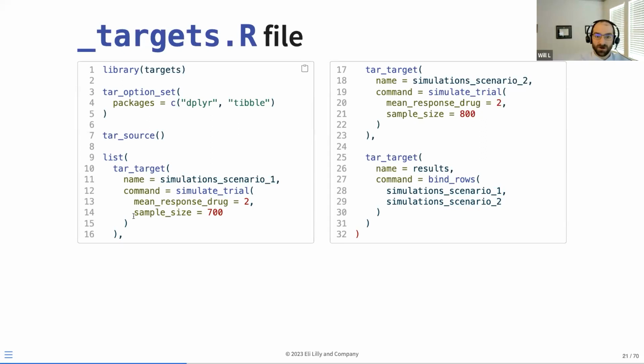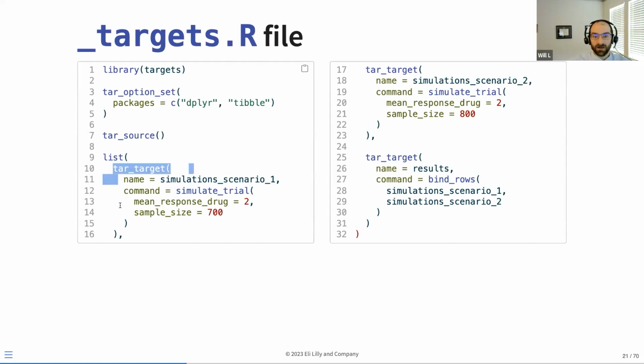So each target declared with the tar_target function is a step in the analysis, and it requires a name, and you would write a symbol for that. This gets quoted and interpreted as a symbol, and an R command to run. This could depend on and will depend on the functions that you've written for simulation. It calls simulate trial.